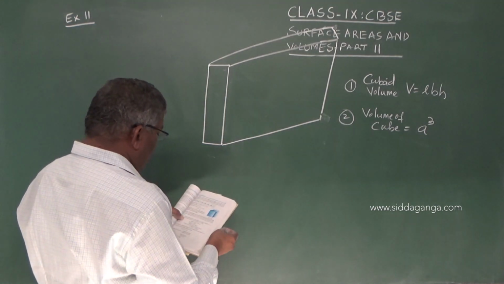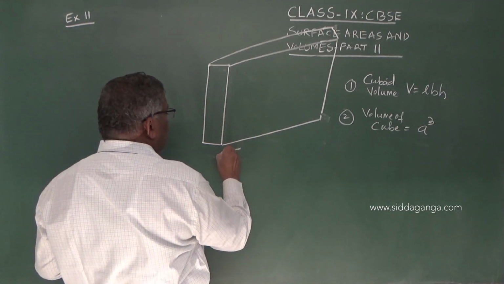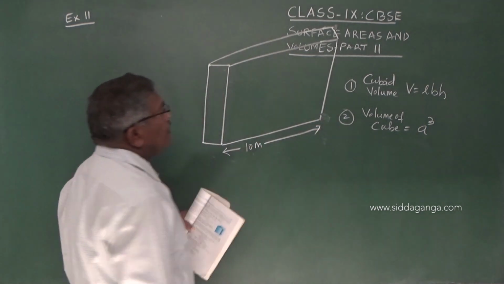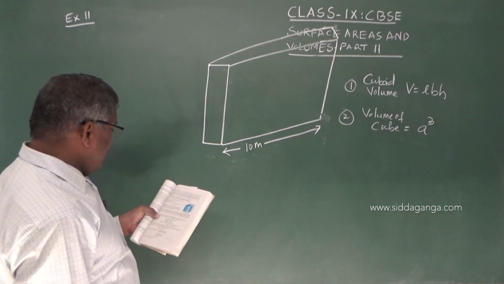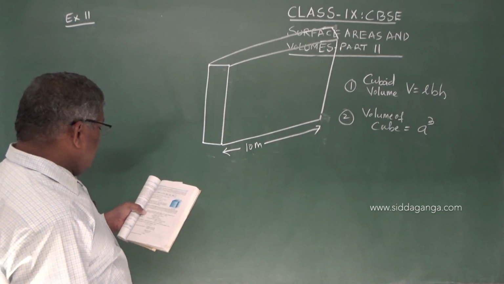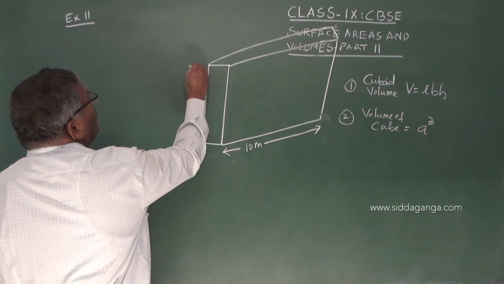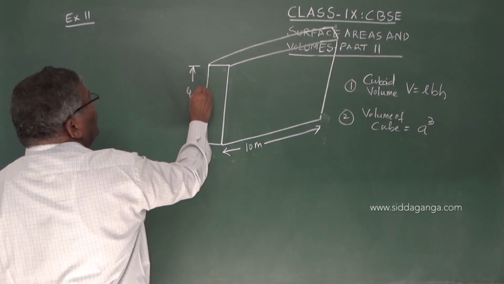Here, the length of the wall is 10 meter. This is the thickness of the wall, length of the wall. And the height of the wall is 4 meter. From here to here, it is 4 meter.